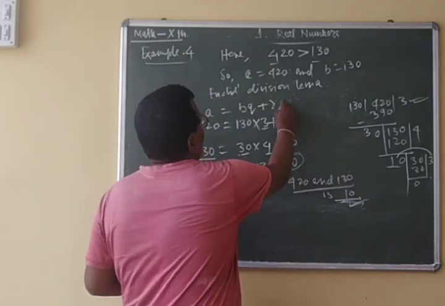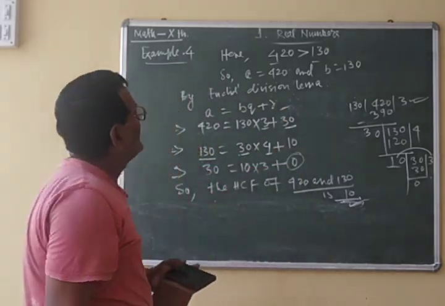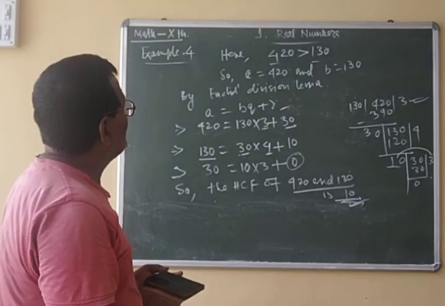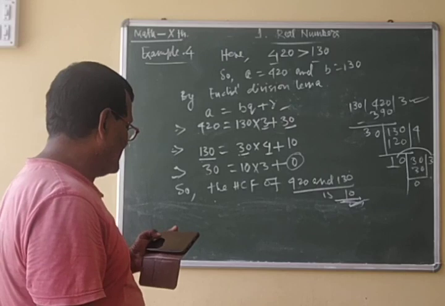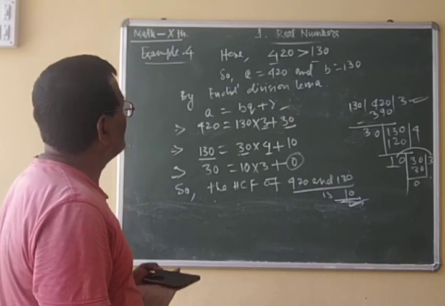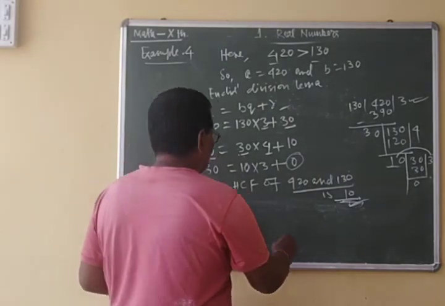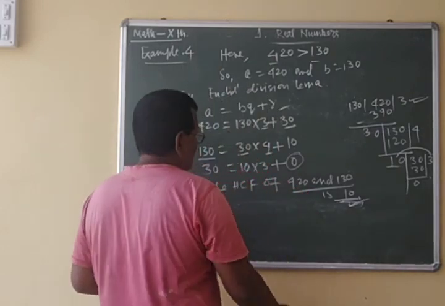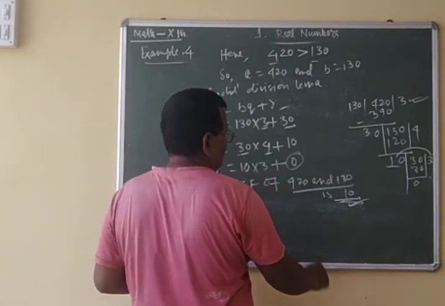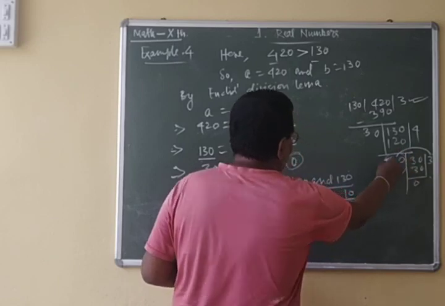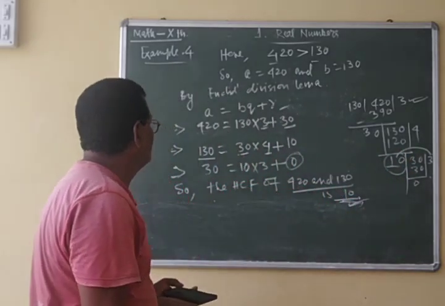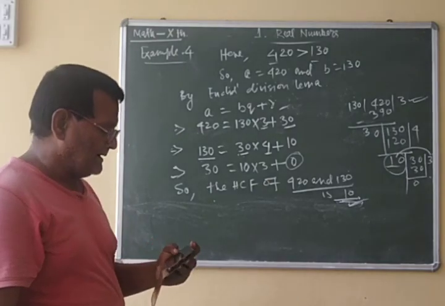So at first you can find the HCF of 420 and 130. The last divisor is 10, so the HCF of the given numbers is 10.